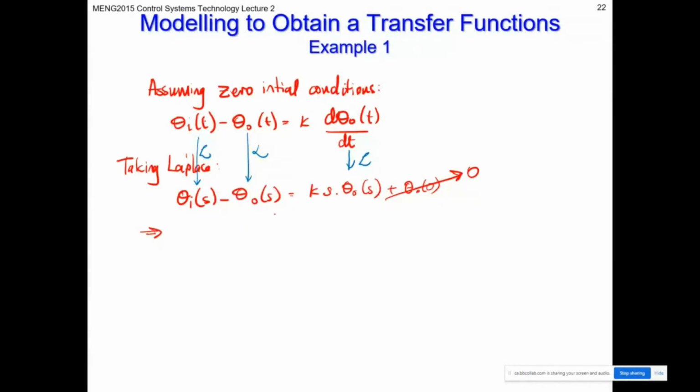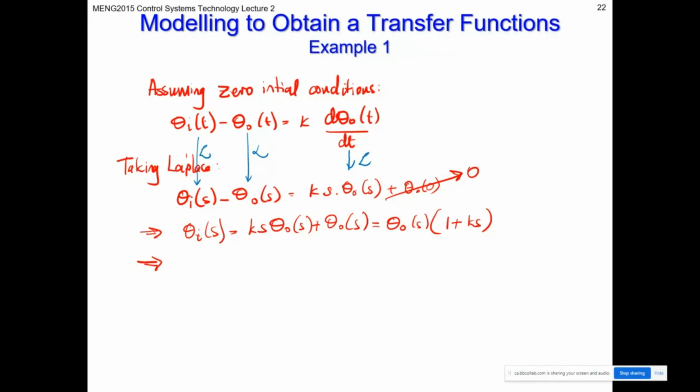Now we have a simple algebraic expression which we can rearrange, and basically if we add theta 0 to both sides, that gives us theta out of s times 1 plus ks.